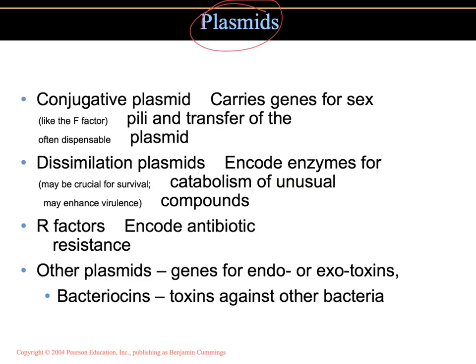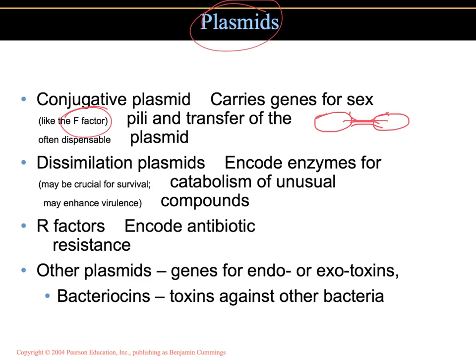The F factor is one that we call a conjugative plasmid. Again, this carries the genes to make sex pili for the transfer of the plasmid to another cell. This, of course, is when one cell will come into contact with another cell. The projection of the sex pili would connect them, or they could stick together, depending on whether they're gram-positive or gram-negative.